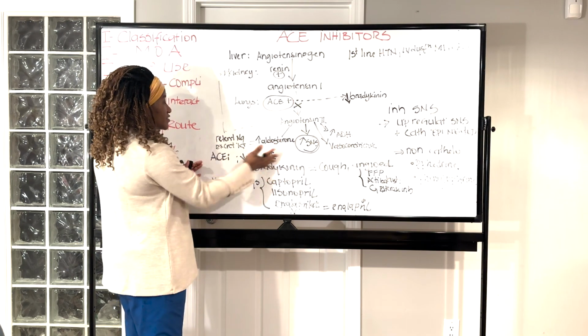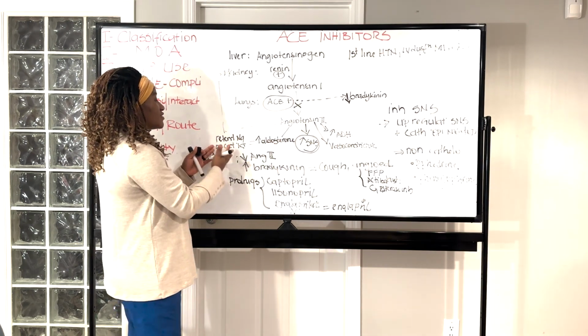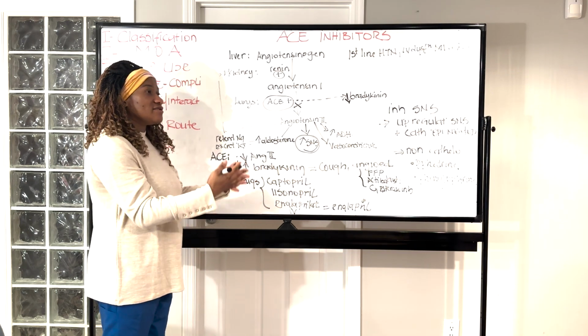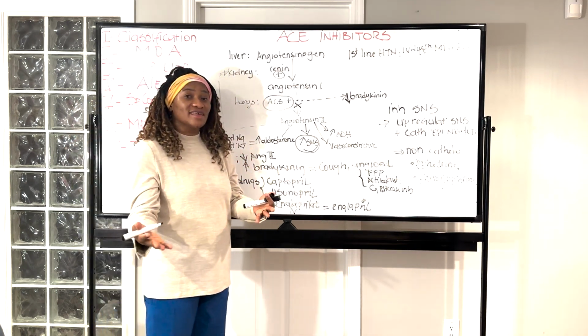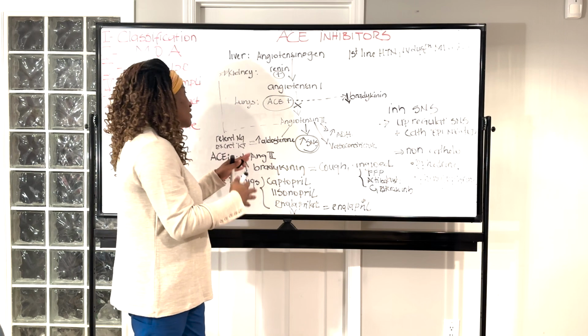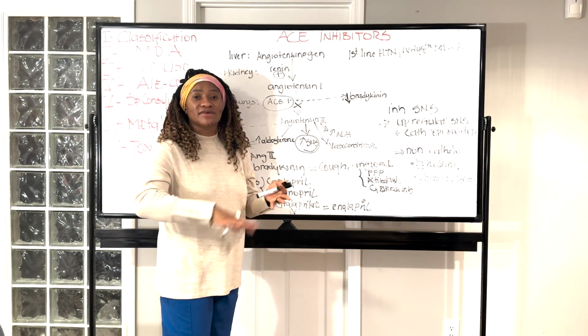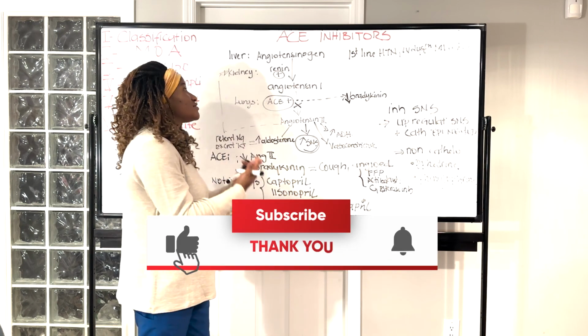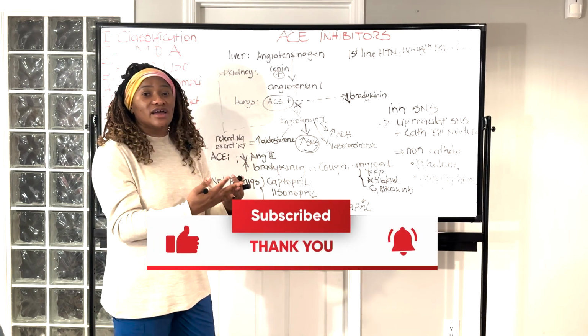Now, if you block this pathway, you're going to have a tendency to have an increase in the potassium blood level. Giving diuretics, you are safe because why? Here you have an increase in potassium. Diuretics are going to flush the potassium, so you're going to be in an even state. So they are safe to give with diuretics.